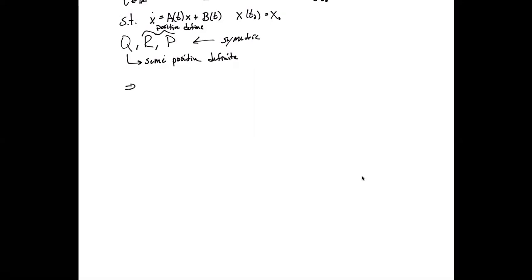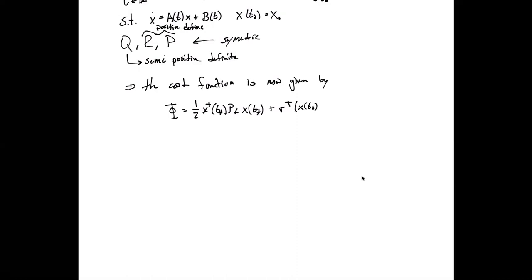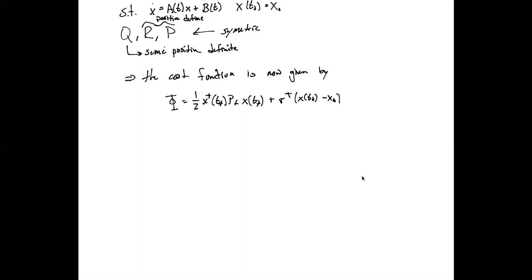So the cost function is now given by capital Phi, which is equal to 1/2 x transpose of tf Pf x of tf plus nu transpose of the initial conditions, x at t naught minus x naught.